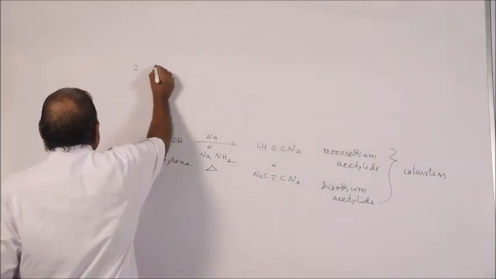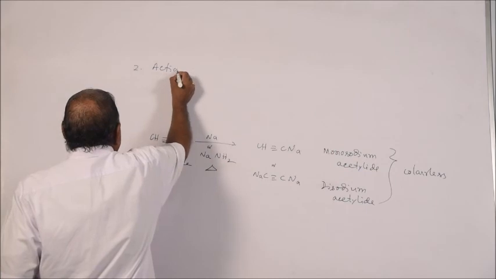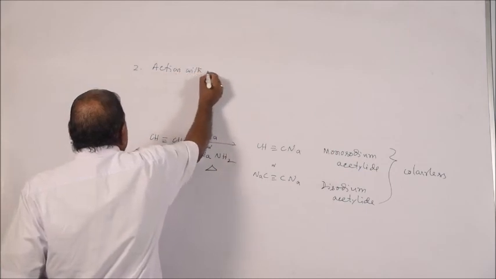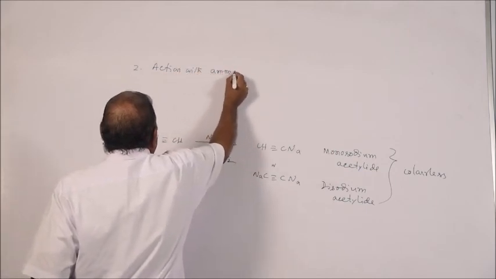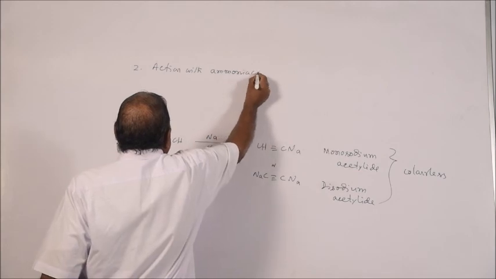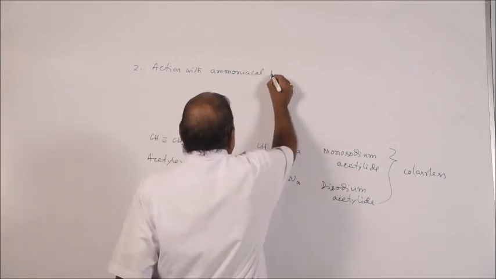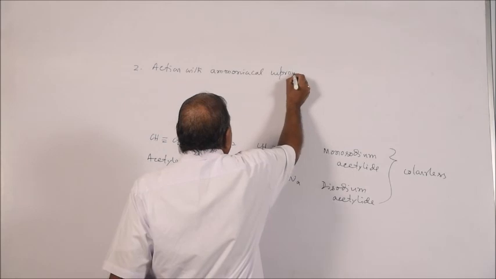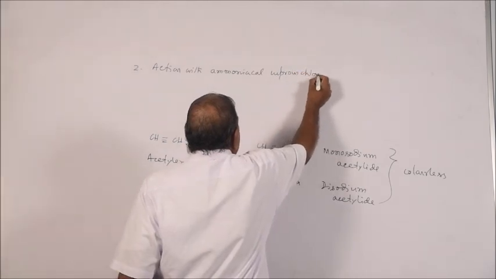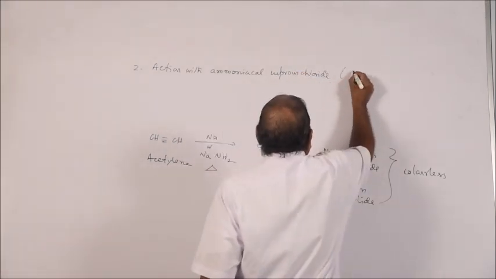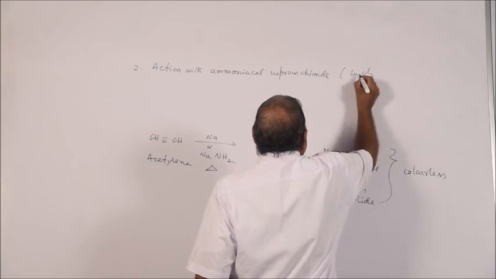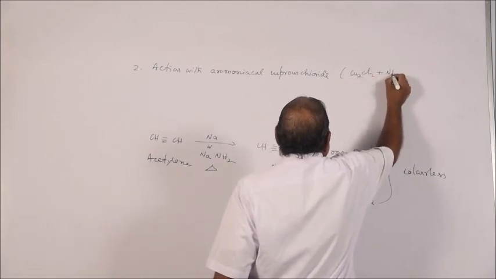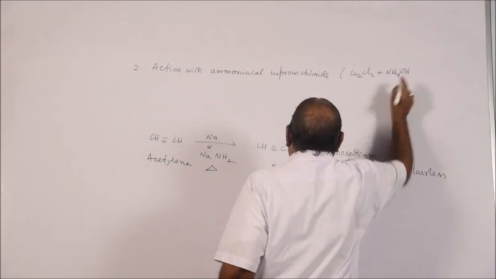Number 2, reaction with ammoniacal cuprous chloride. Cuprous chloride is a dimer, Cu2Cl2, mixed with ammonium hydroxide.